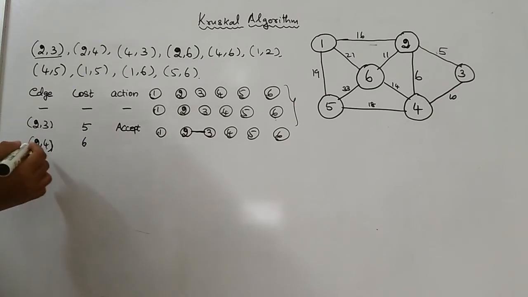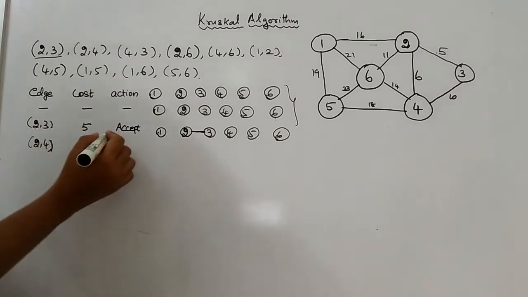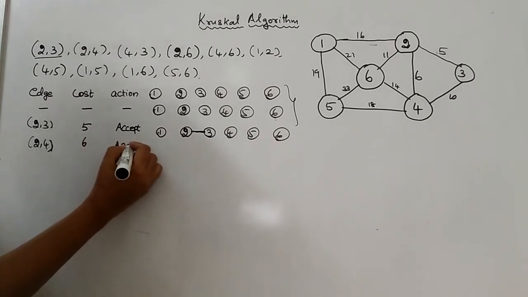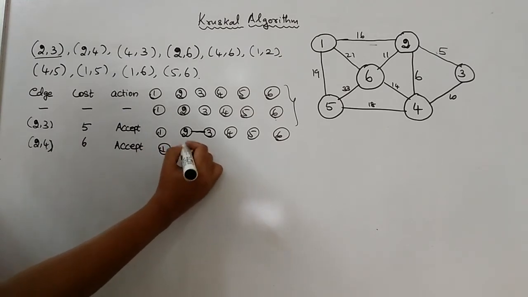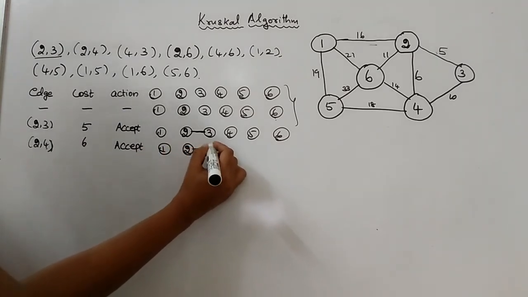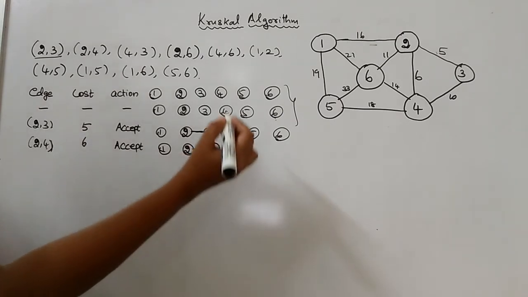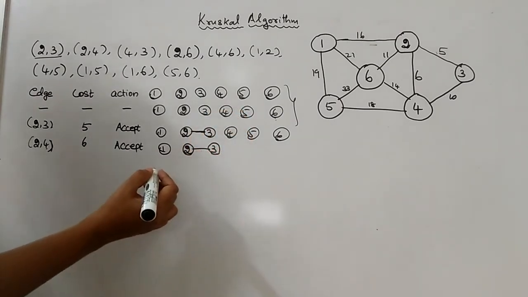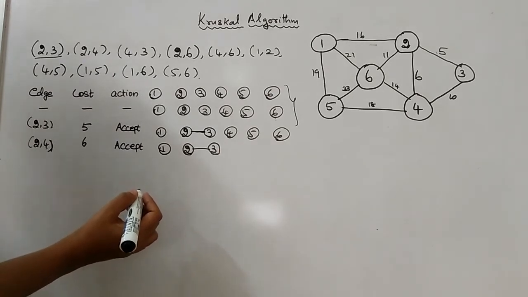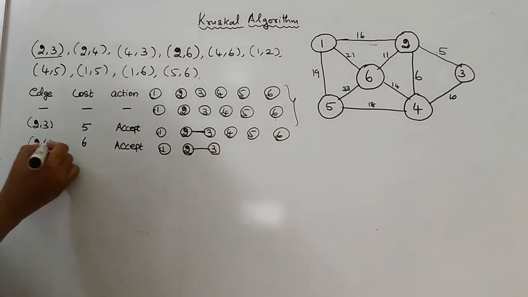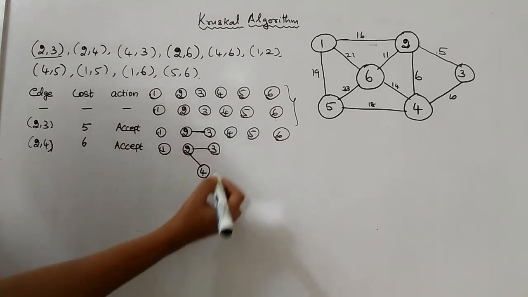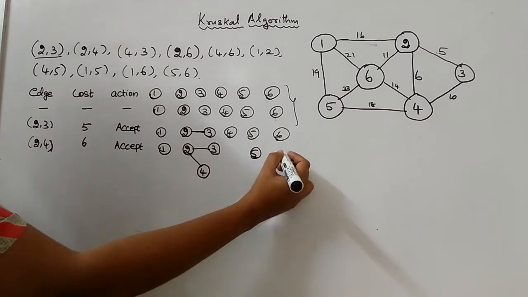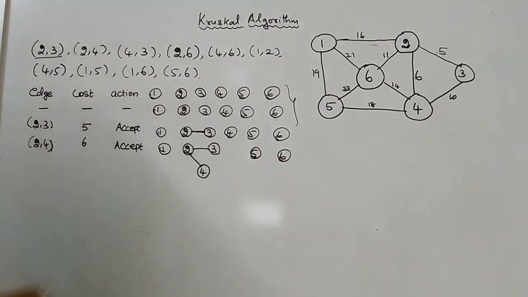If you are accepting this one, you can draw the edge from vertex 2 to 4. So you can write 4 here. The rest of the vertices here are 5, 6 and 1.